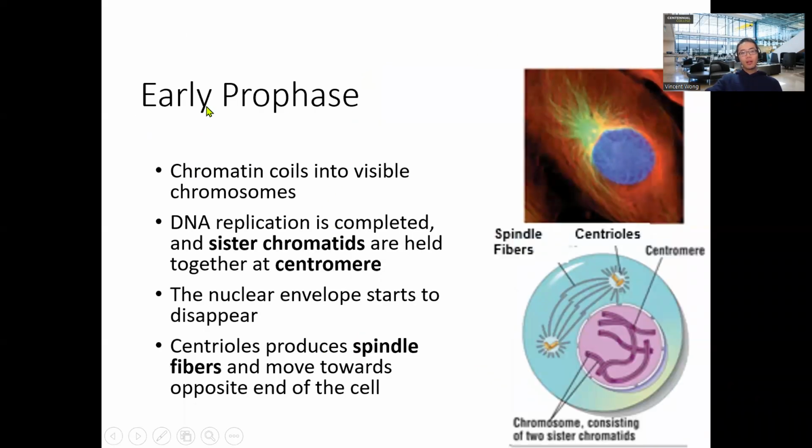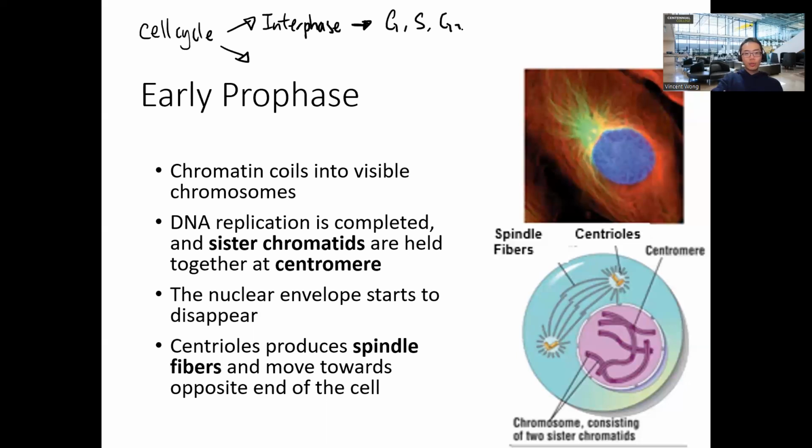Starting with early prophase. Now, you have to remember, let me write it out for you again. The cell cycle is separated into interphase, and interphase is separated into G1, S, and G2.